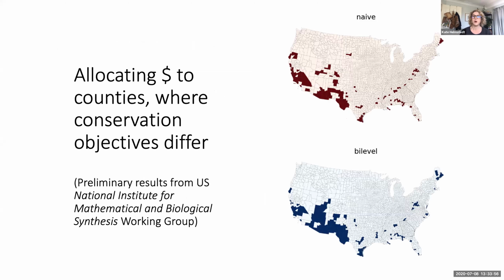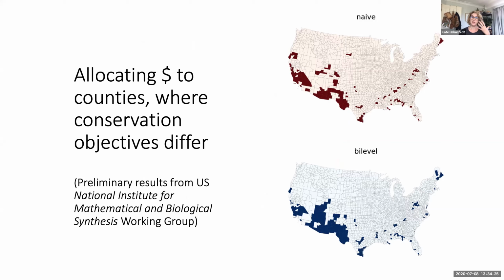And I've been working on this problem with the National Institute for Mathematical and Biological Synthesis, a working group through that institute in the US, looking at allocating different amounts of money to counties, where those counties might then choose where to place protected areas. And in this really preliminary analysis here, we see it really does impact what actions are taken and what benefits we might get out of the system.